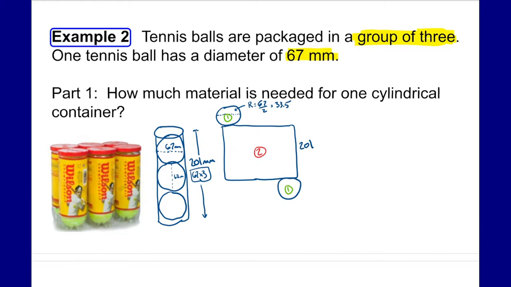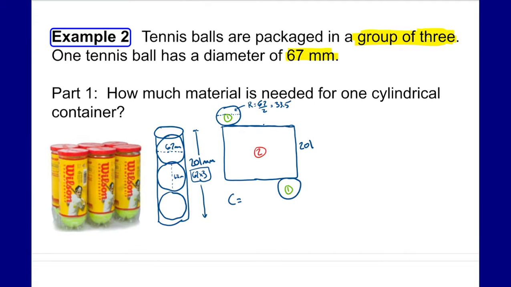But what is this horizontal distance of my rectangle? Well, if we think about it, the rectangle curves all the way around our circle, so that is how long it is. That is actually the circumference. So the circumference of our circle, with a diameter of 67, is the length of this rectangle.